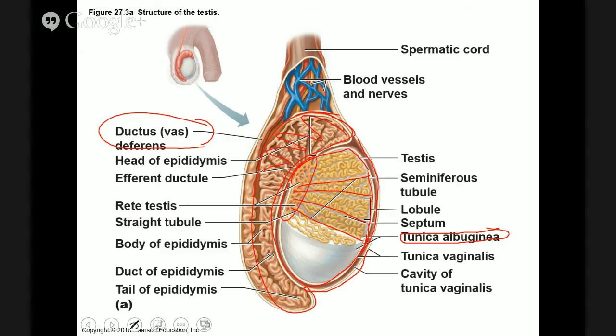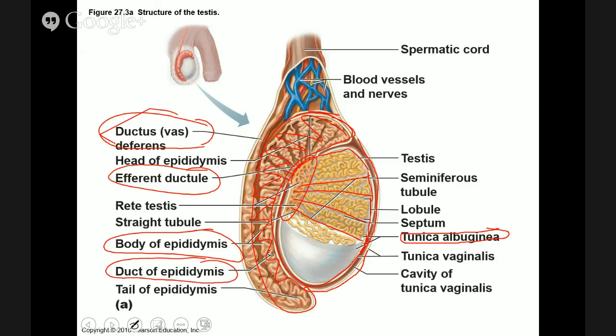The epididymis is made up of ducts. The efferent ductules lead to the body of the epididymis, eventually to the duct of the epididymis, which then leads to the vas deferens, which we talked about before.